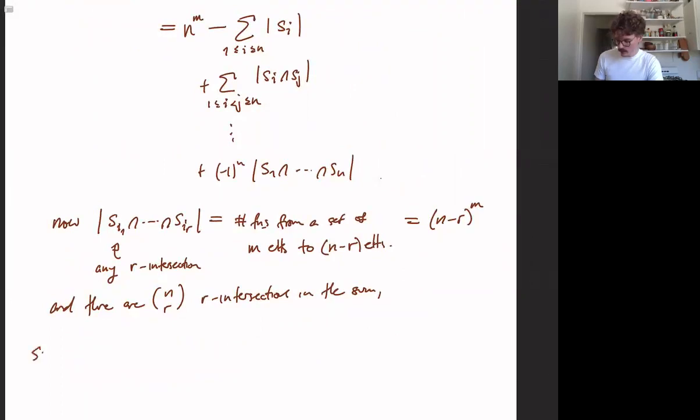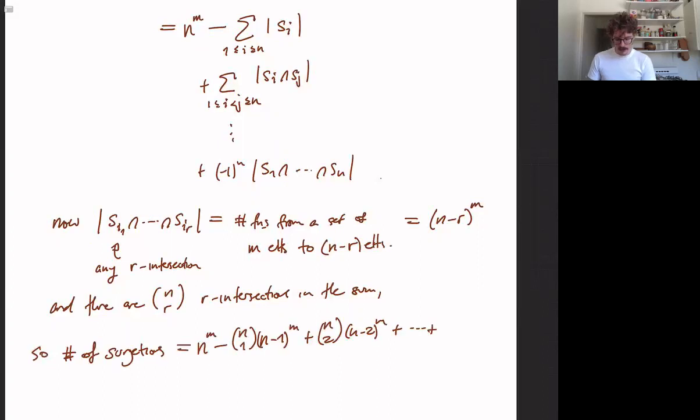So the number of surjections is equal to n to the m minus n choose 1, n minus 1 to the m, plus n choose 2, n minus 2 to the m, all the way down to -1 to the n minus 1, n choose n minus 1, 1 to the m.